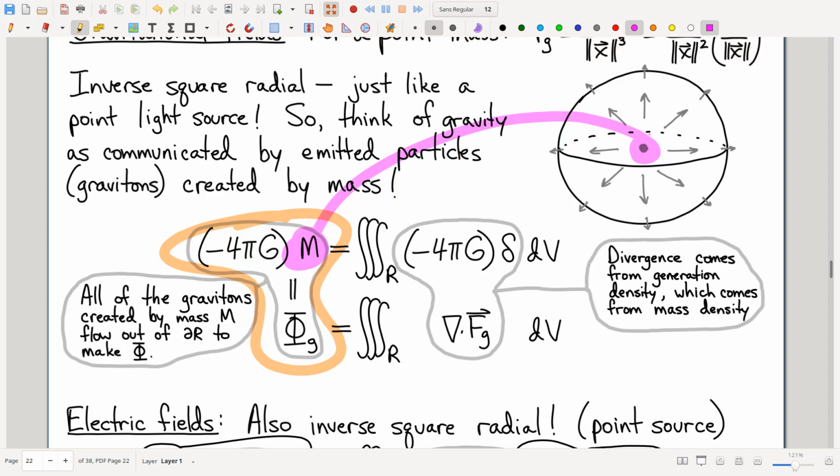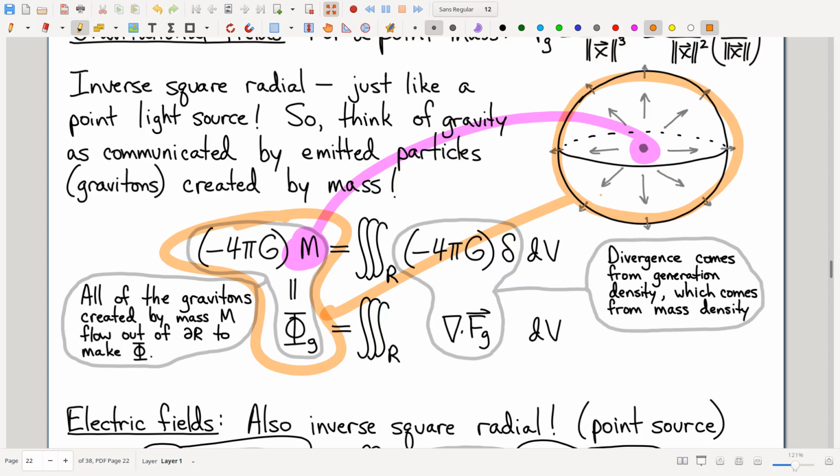So the gravitational flux through a sphere like this is just measuring how many gravitons are flowing through there. How many? Well, all of them. How many gravitons are being created? Well, it's proportional to the mass. That's the big idea.